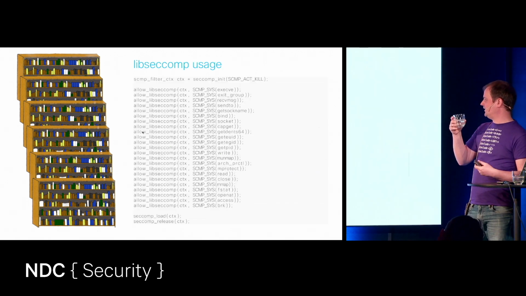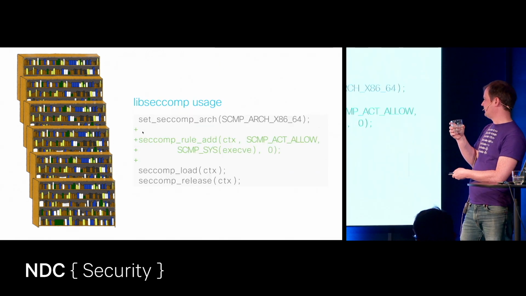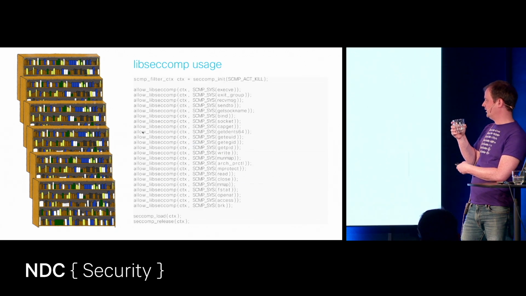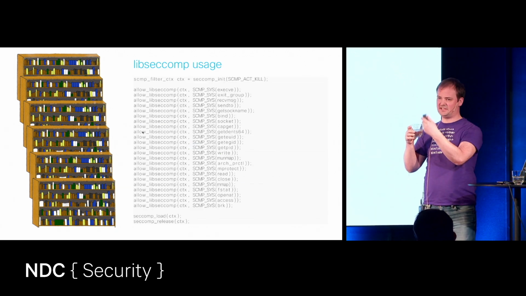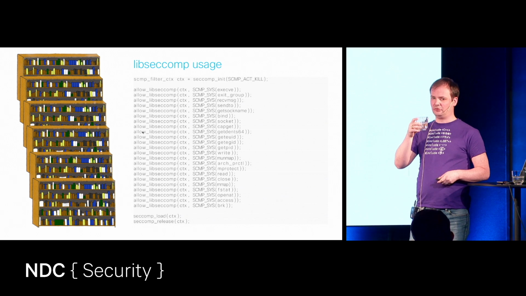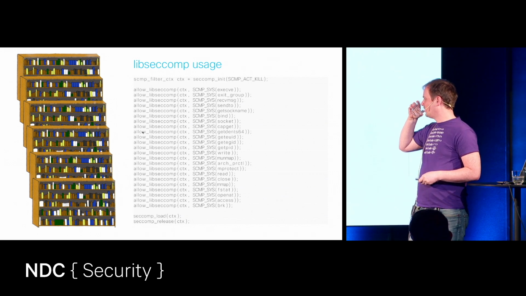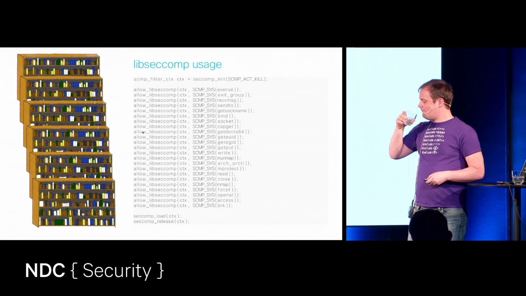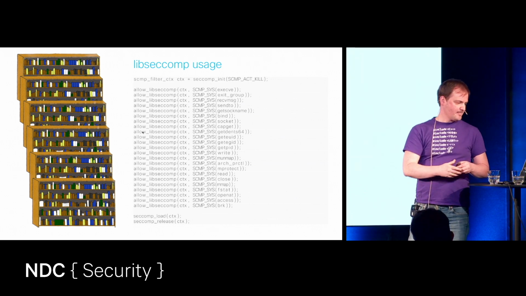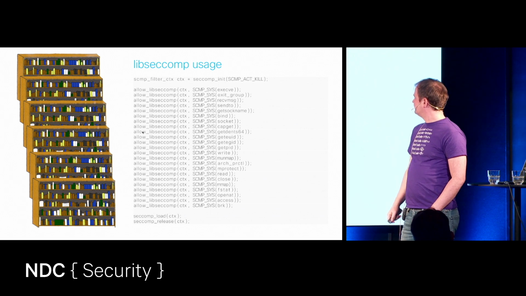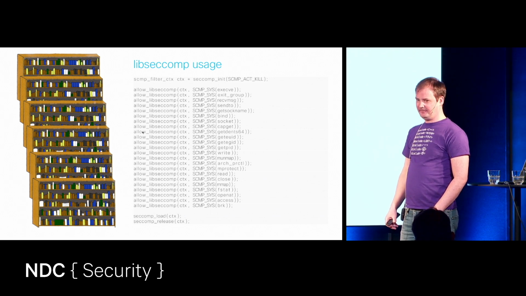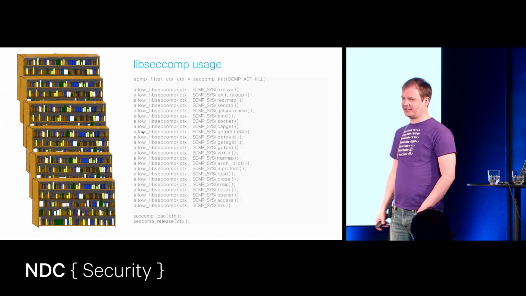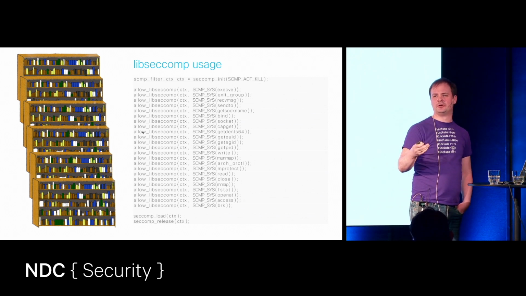Now this is a lot nicer than doing the exact same thing in raw seccomp. And we end up with something like this. Here I basically just wrapped the seccomp rule add into allow libseccomp, because all of these do the same thing. Add it to the context with allow and 0 arguments. It is very repetitive. It's not like this is interesting code to write.